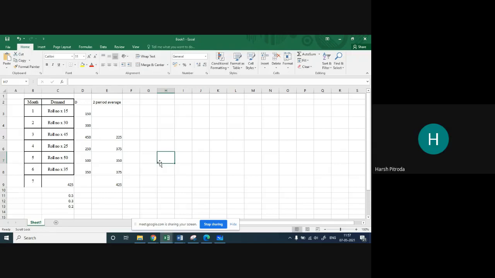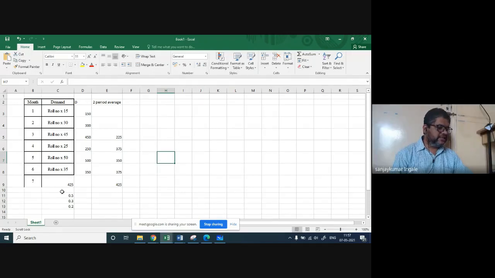Okay, so what I have to calculate is the average for the immediate past 3 periods. So again, these are the 3 periods. This is the immediate past, 450.